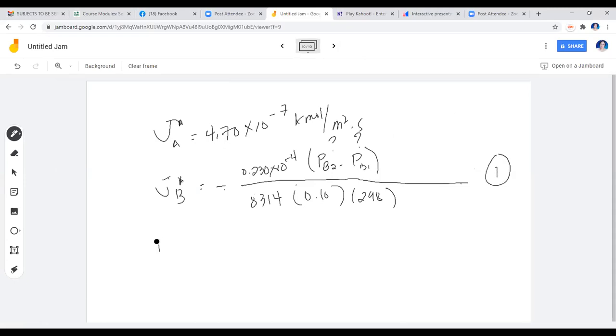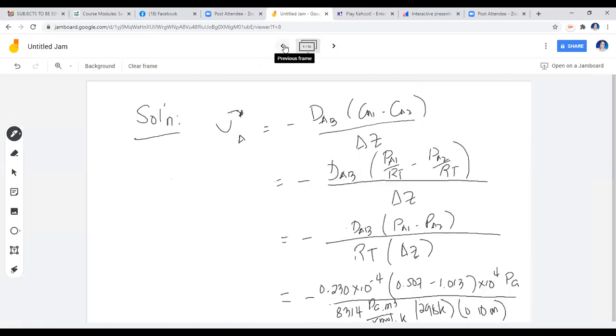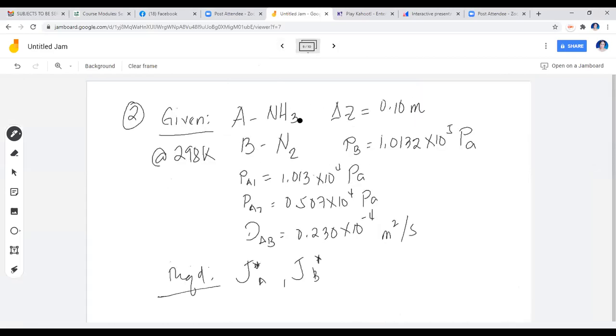So you have the partial pressure of B at point 2 will be the total pressure of the system, which is 1.0132 times 10 raised to 5. By the way, class, this is not the partial pressure of B, but rather the total pressure of the system.